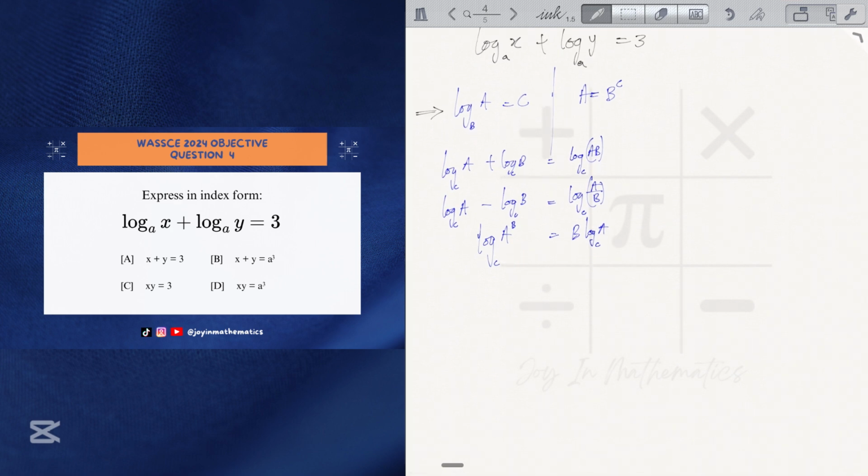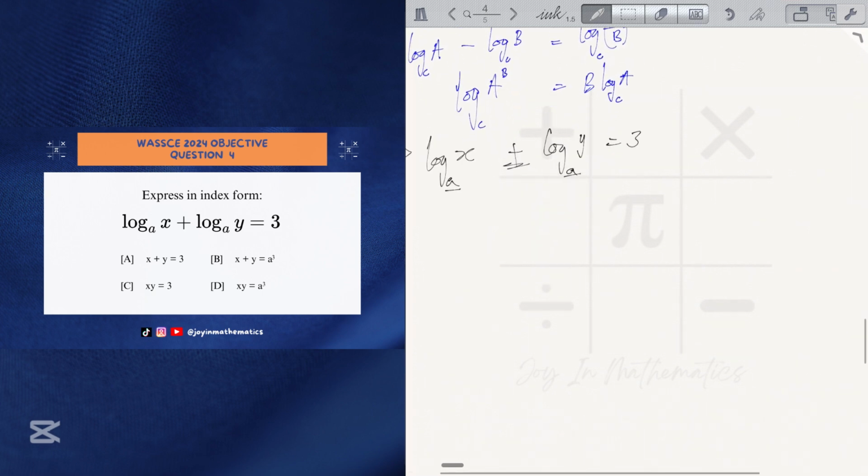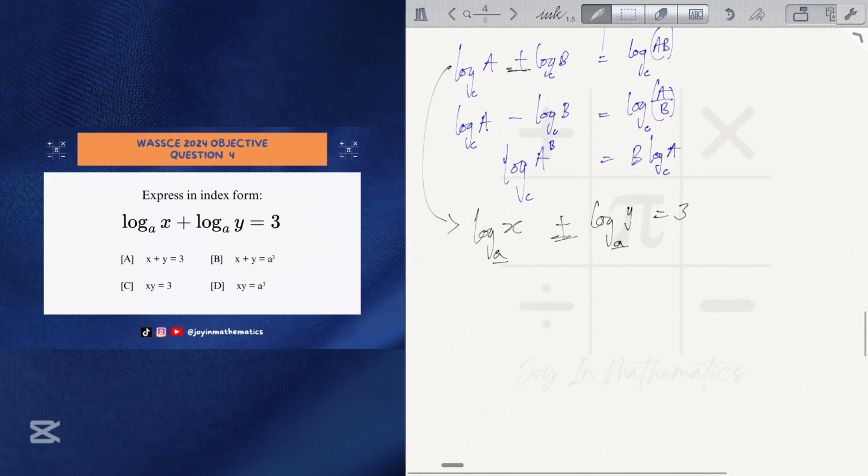So we have log of x to base a plus log of y to base a equals 3. Since we have addition here and they have the same base a, we apply the addition law, and this results in log of xy to base a, because they are being multiplied. So we have log xy to base a equals 3.